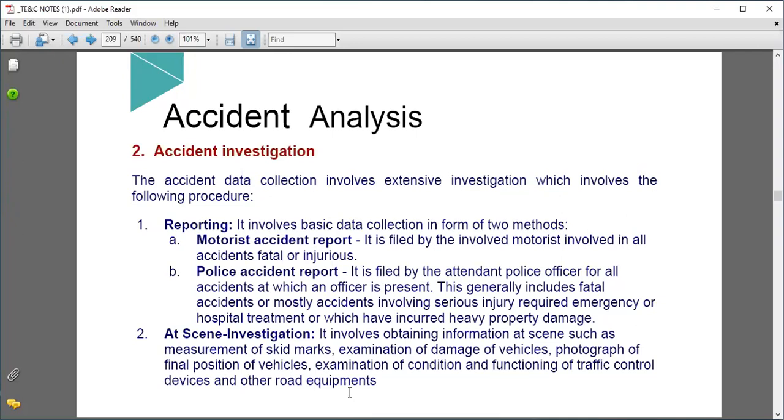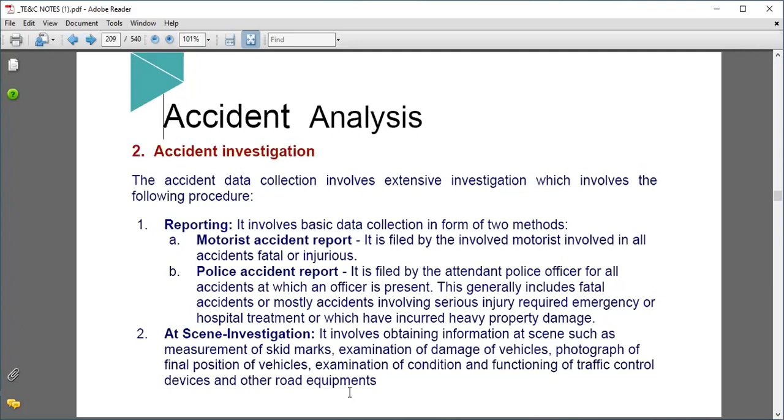Again, at-scene investigation. It involves obtaining information at the scene, such as measurement of skid marks, examination of damage to vehicles, photographs of the final position of vehicles, examination of conditions, functioning of traffic controlling devices, and other road requirements.